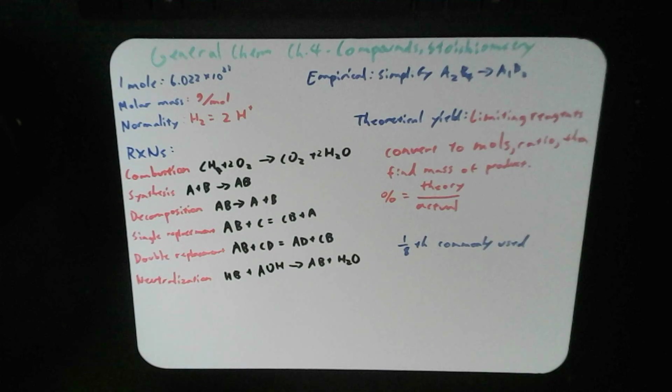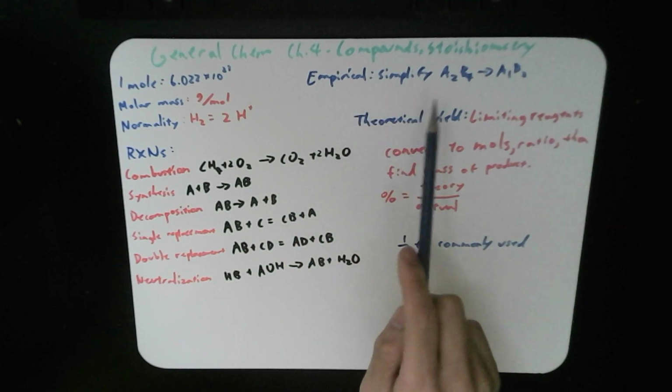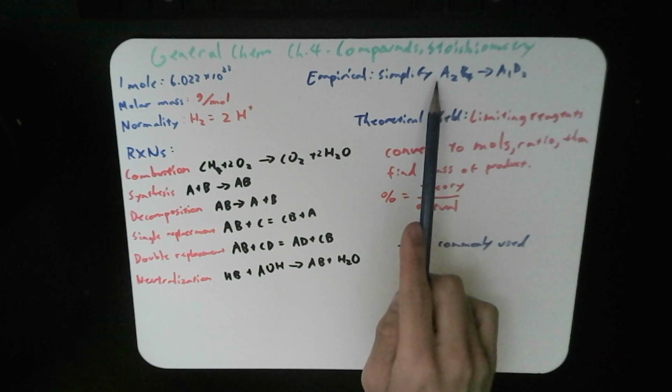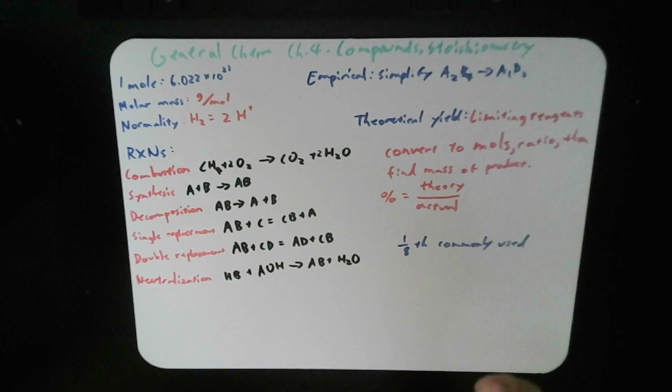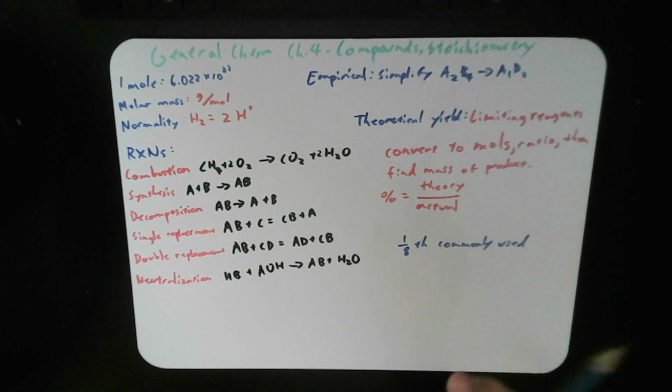So cooking is science. And empirical formula is just trying to simplify the compound into its smallest form. So that is, A2B4 can be simplified into A1B2. That's the smallest I can go before I go into decimals. And since the MCAT doesn't allow calculators, they'll commonly use eighths, like 0.166, 0.33, and so on.